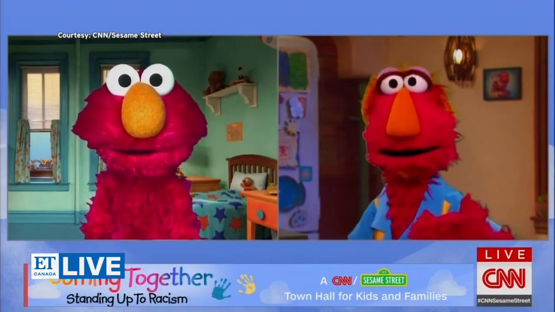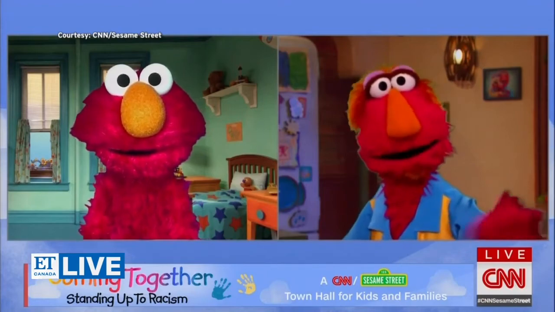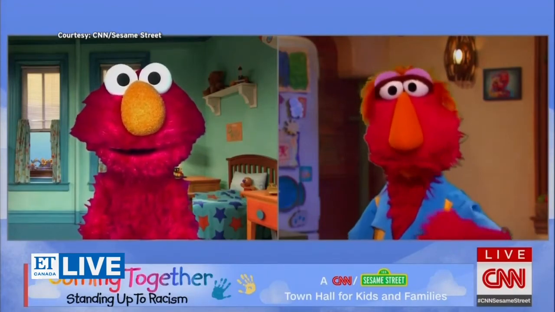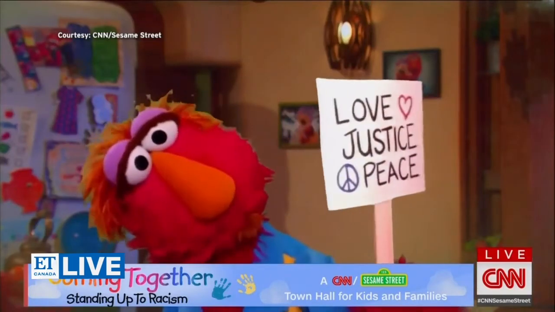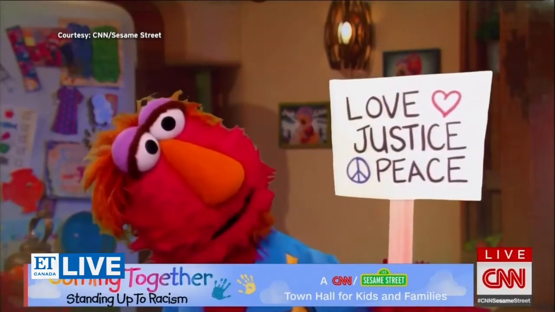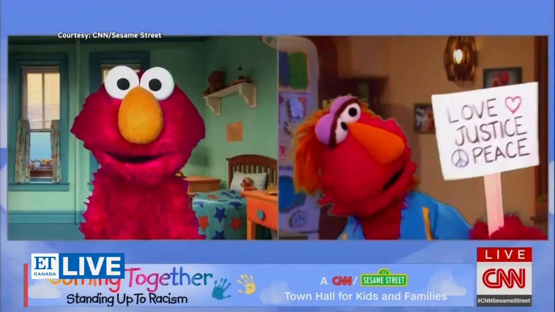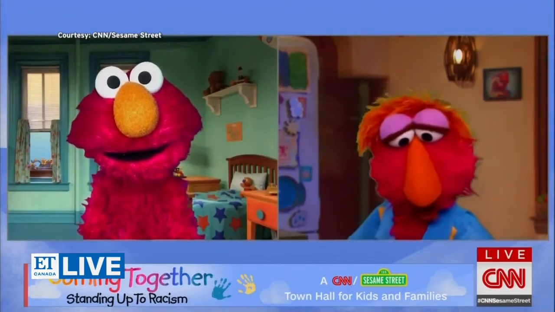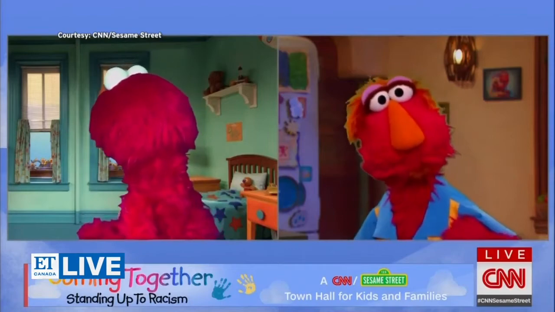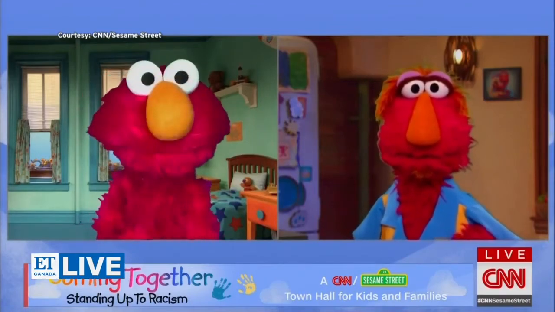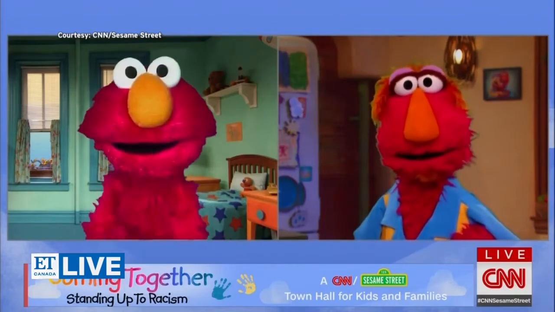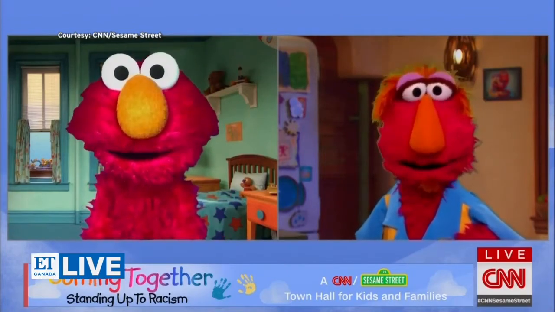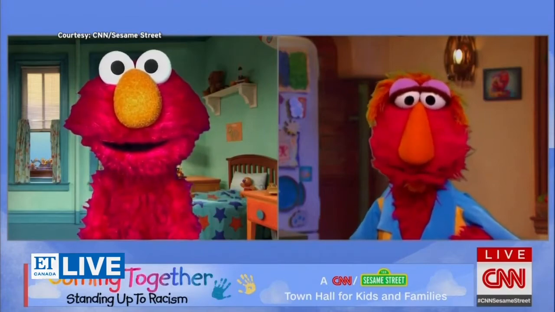Through protesting, people are able to share their feelings and work together to make things better. They make signs like this. Oh, yeah, I'm bringing this sign to the protest at the community center later. Oh, they look upset. Oh, are the protesters sad? They are sad and upset, and they have every right to be, Elmo.